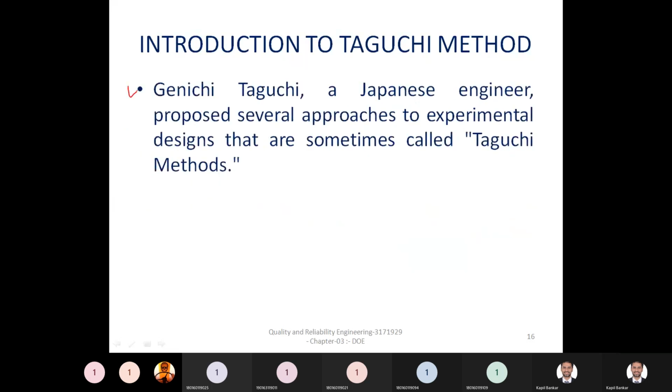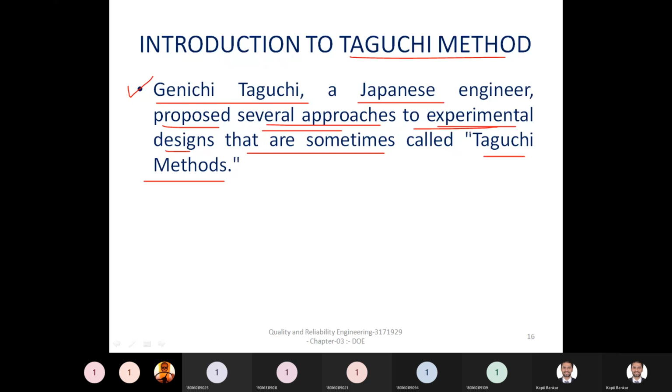As I told you, Dr. Genichi Taguchi, a Japanese engineer, proposed several approaches to experimental design that are sometimes called Taguchi design or Taguchi method.